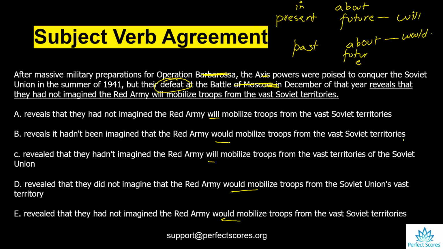Incorrect because it's will. They're talking about the future, but from the past perspective. So this past and the will, they don't match. So that's why option A is wrong. Go through all these options and see if you can eliminate any other option on the same basis.